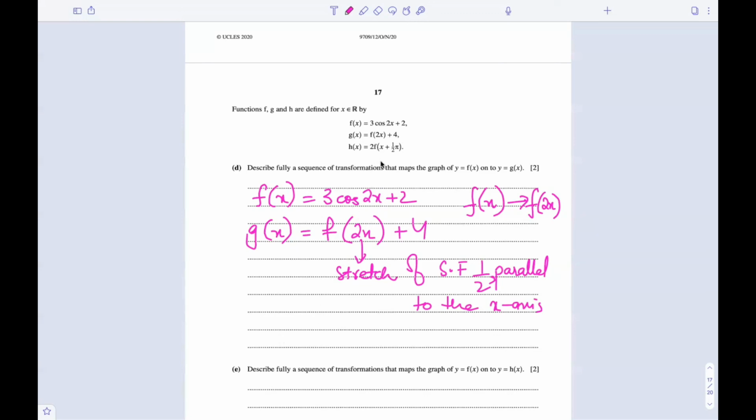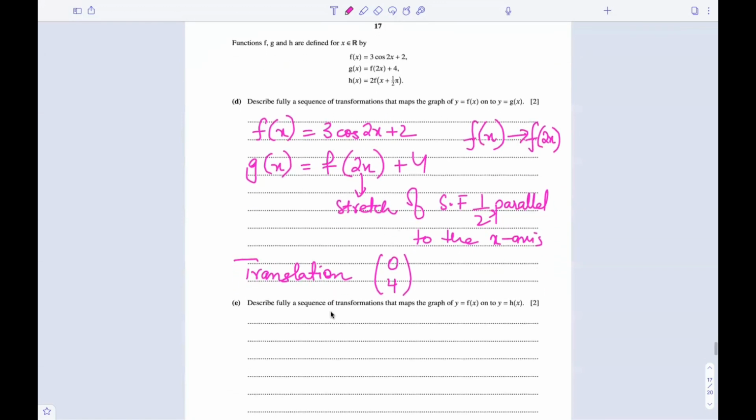So the plus 4 means that the graph will shift 4 units upward. So we can say that this is a translation with vector 0 and 4, as there is no movement in the x direction, and it has a movement of 4 units in the y direction. So basically these are the 2 transformations that transform f of x onto g of x.